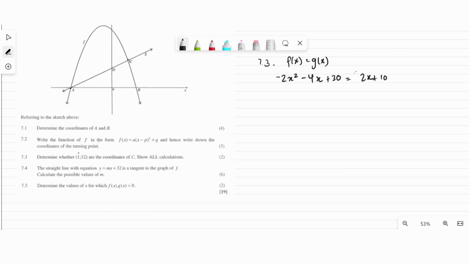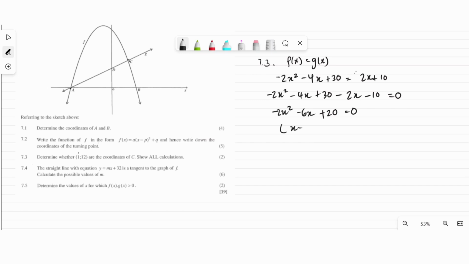Then take everything to one side. When you do that, you're going to get this, equal to 0. Group like terms. Factorize this.